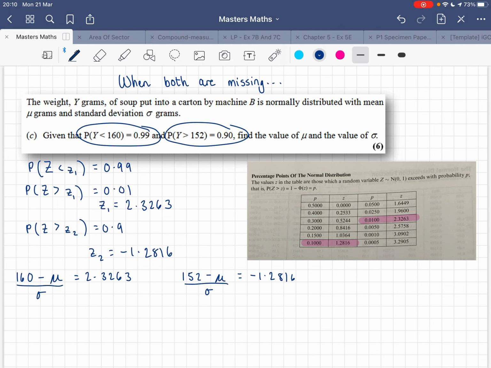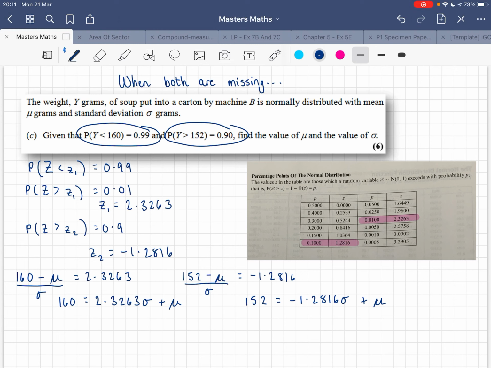So we get 160 equals 2.3263 sigma plus mu. And the second equation is 152 equals negative 1.2816 sigma plus mu.